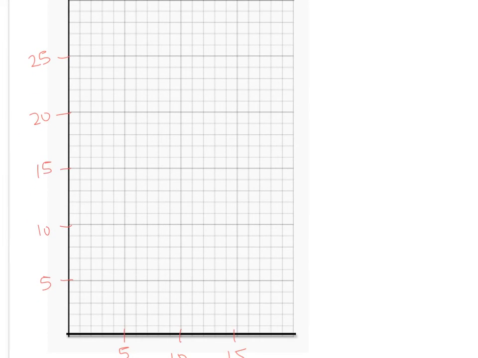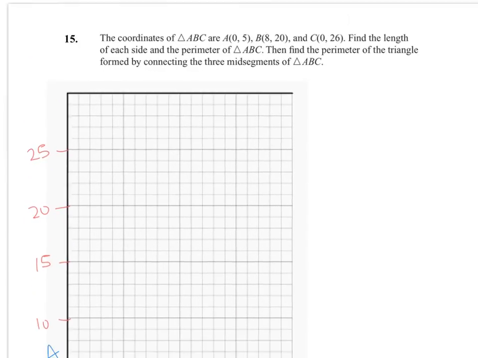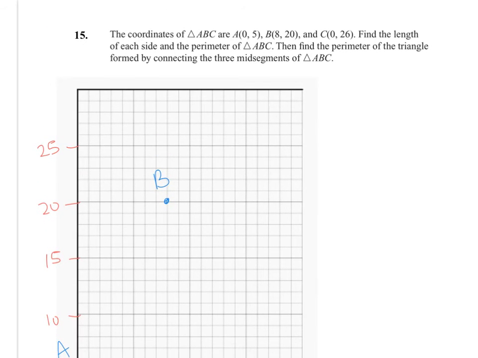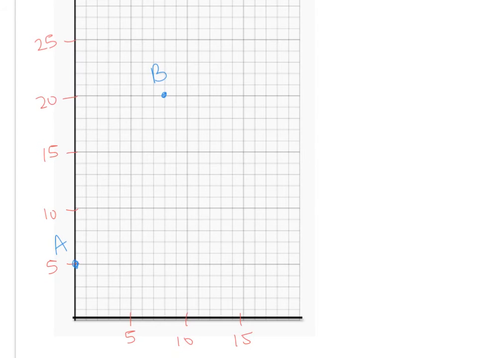A is (0, 5). B is (8, 20). And C is (0, 26).